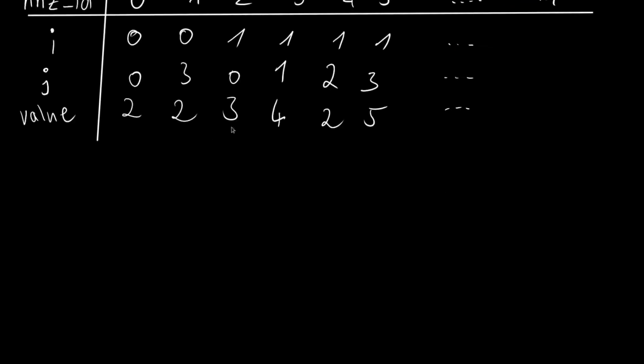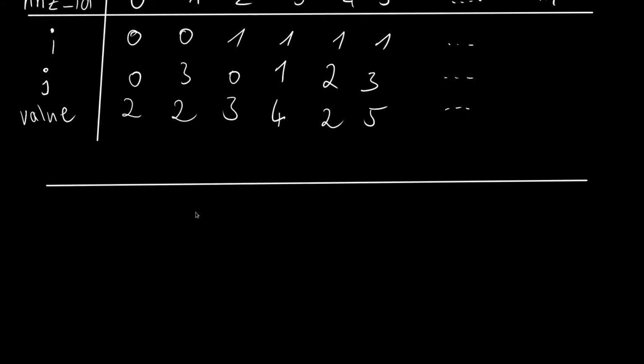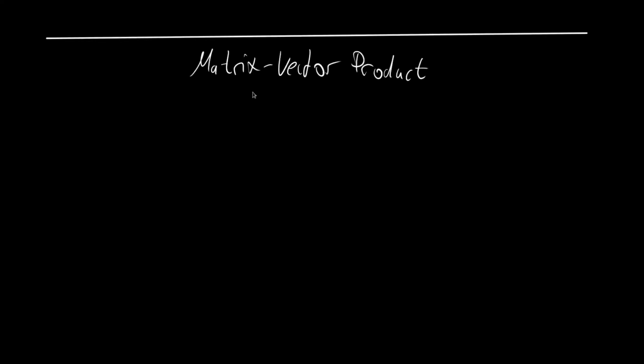Next question is how to do a matrix vector product. So we need a description of how to do matrix A multiplied with vector B equals vector C. Let's first start with how we would do this with a dense matrix as a reference.